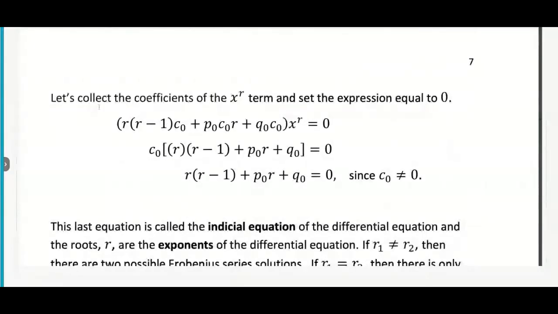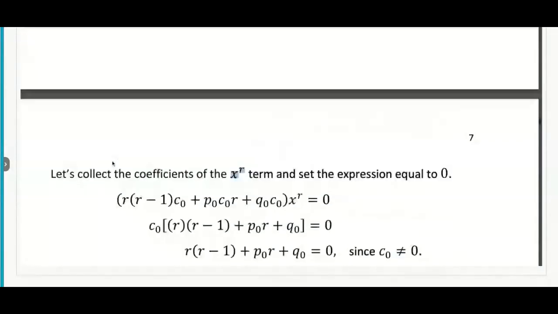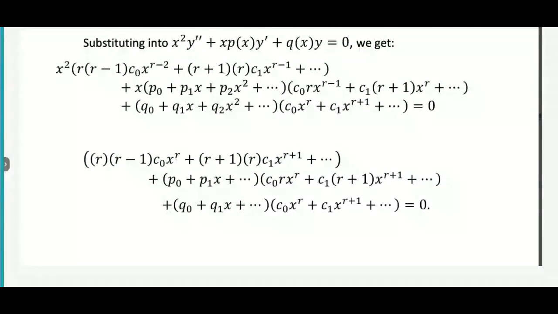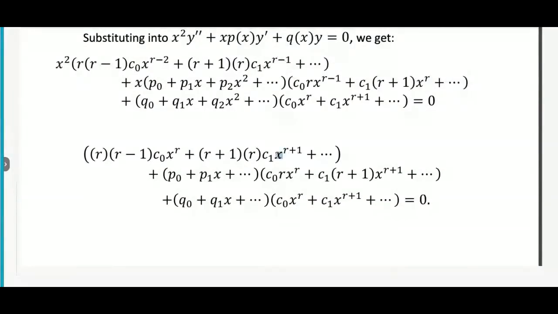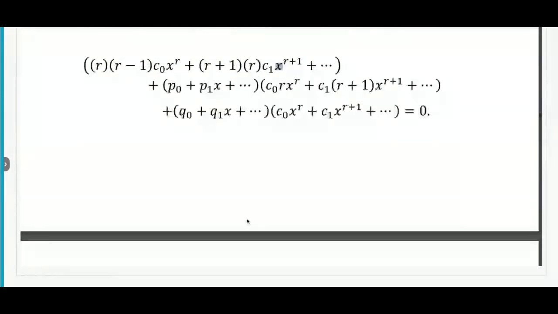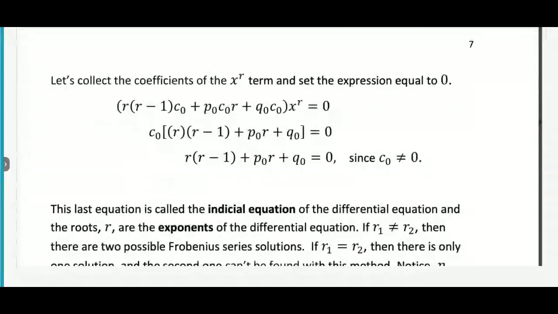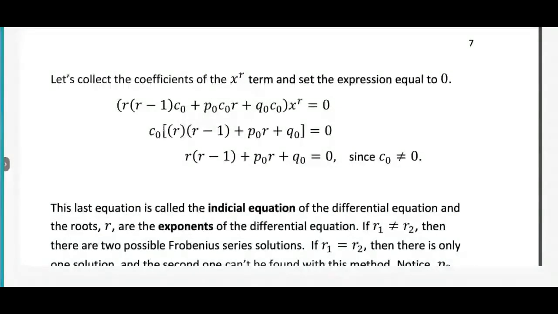Now we want to collect the coefficients of x raised by r. Similar trick as before, right? So we factor out x raised by r, and the rest simplifies to something like this. And then we see this has C naught, C naught, C naught.